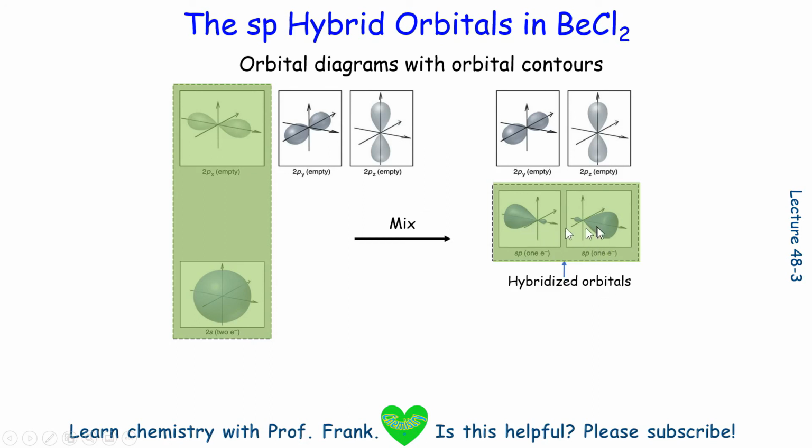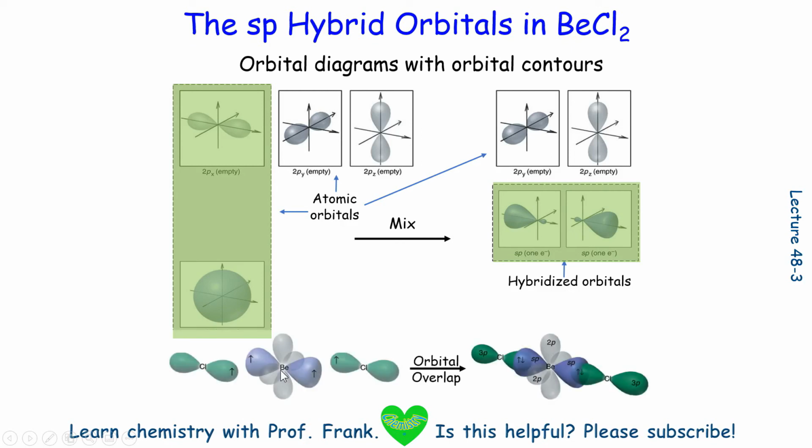Each contains a single electron, which means each is capable of accepting another electron from another atom so that a bond can be formed. Again, those are the atomic orbitals, including those two, and those two are hybridized orbitals.